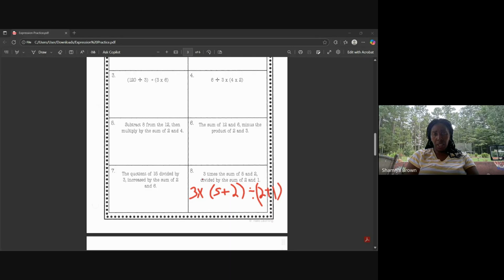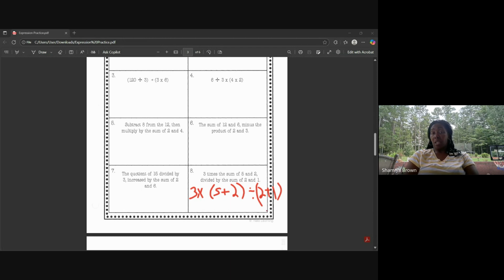All right, it said 3 times the sum of 5 and 2 divided by the sum of 2 and 1. So first, I have to get the sum of 5 and 2. Then I would have to get the sum of 2 and 1. Then I would multiply 3 times this sum, and then divide that by this sum.